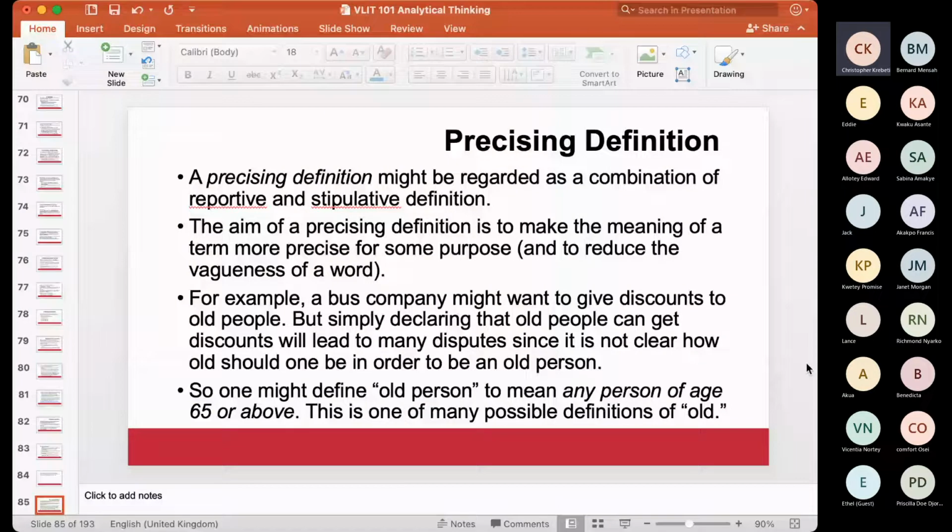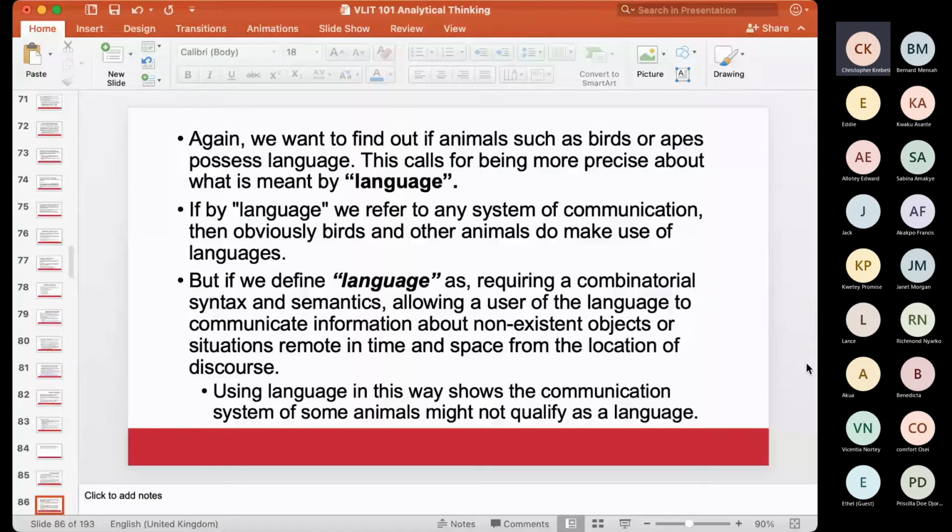But if the policy makers or the bus company decide, okay, we are going to define old as any person of age 65 and above, so if you are 65 years and above, you are an old person, then we are going to give you this discount anytime you use our buses. Then they have precised the definition. This is one of many possible definitions of old that can be used for policy purposes.